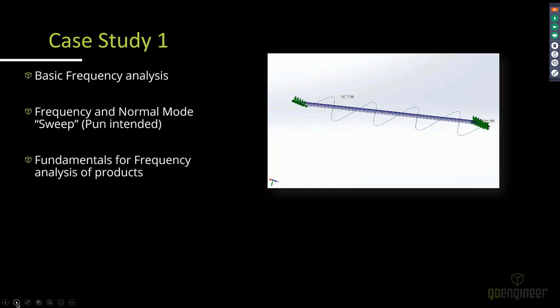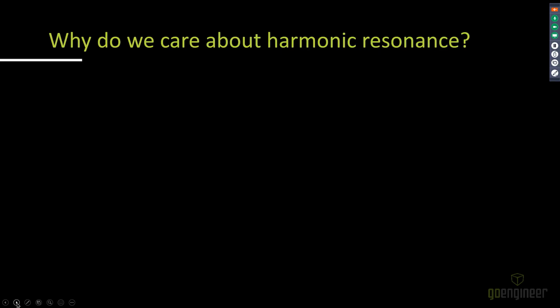It's called perfect fourths tuning. It's kind of how a bass player will tune their 6-string basses, and then you just adapt it to a guitar string. It's a great analysis to show the basic fundamentals of a frequency analysis.